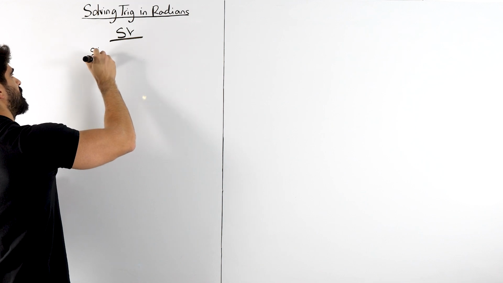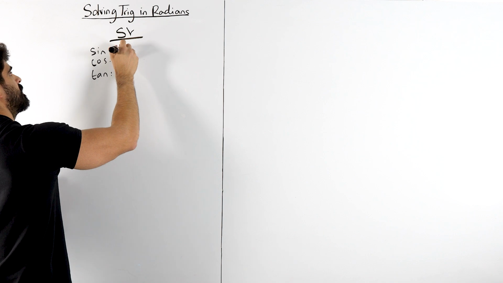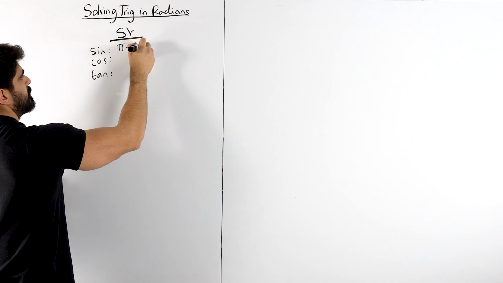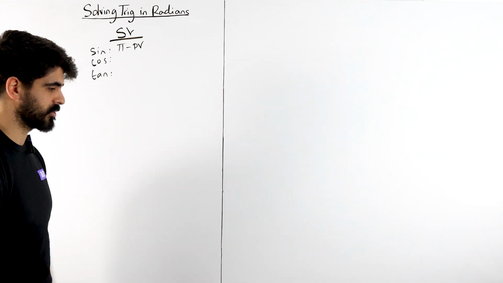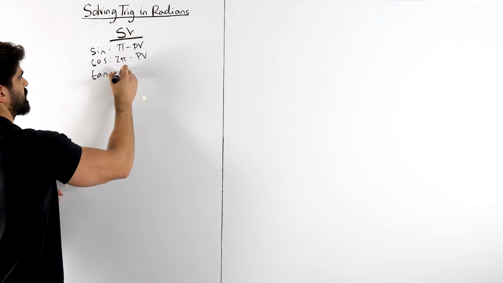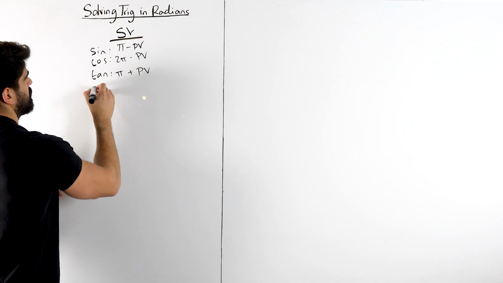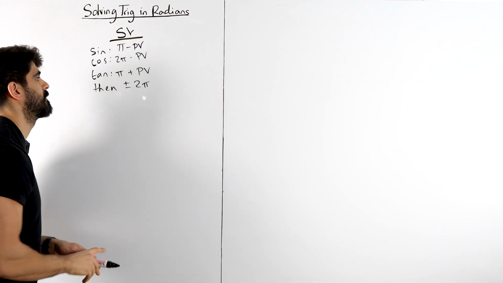Maybe you can try and recite them as I'm writing now. For sine, pi minus the primary value. I'm going to write them in radians to really test you guys, be thinking about those conversions, all right? For cos is 2 pi minus, and for tan is pi plus. Then, once we have that, we add and minus 360, or 2 pi.